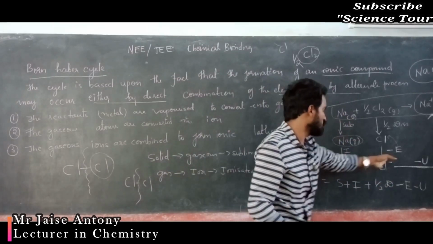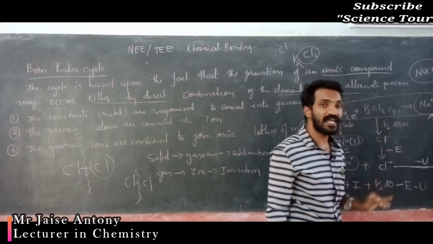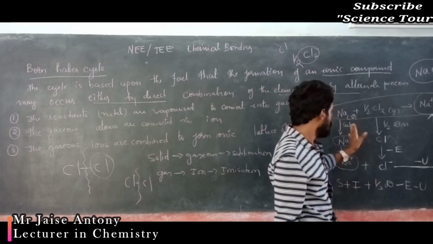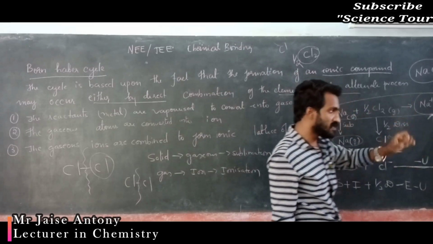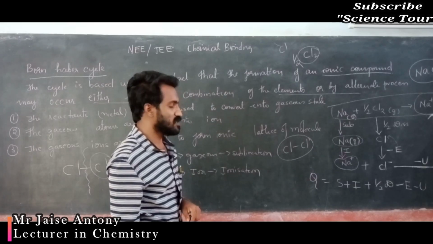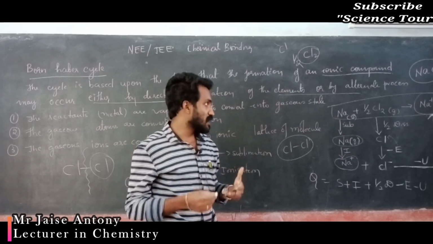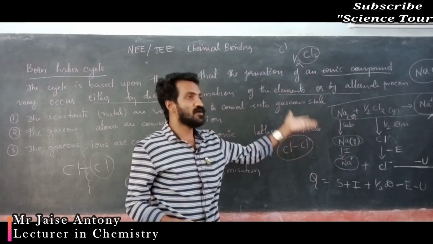This process is an alternate process. If you write this formula, that is the direct formula. These steps are nothing but alternate steps to get sodium chloride. So my dear students, all together we are studying this in multiple steps.